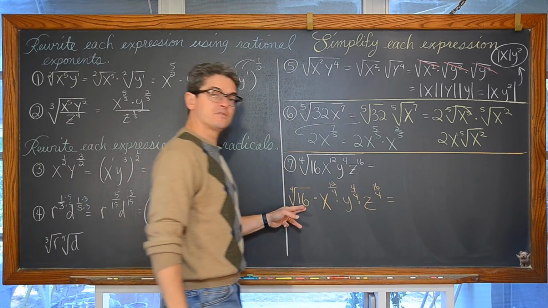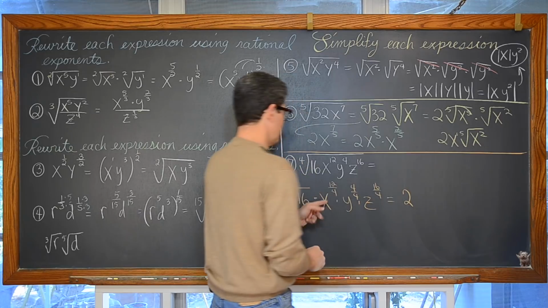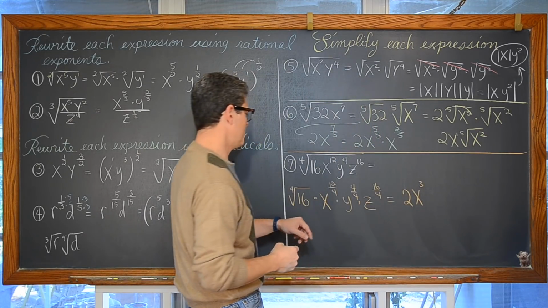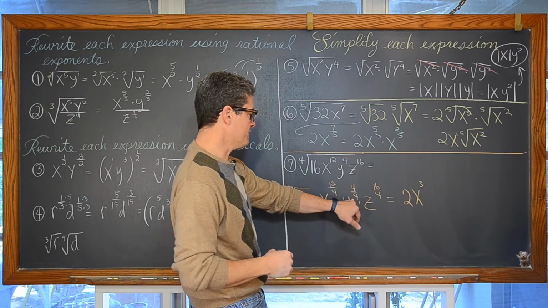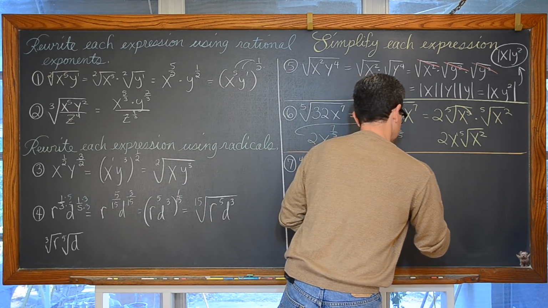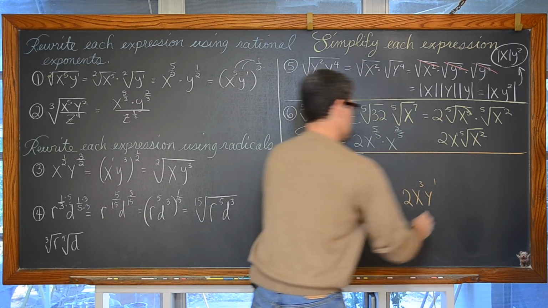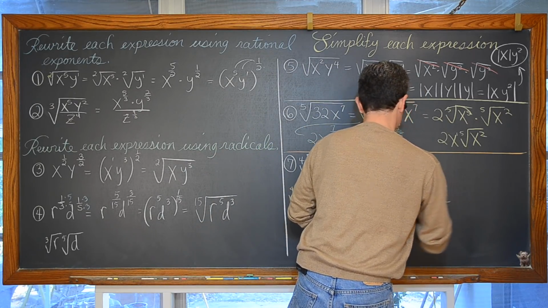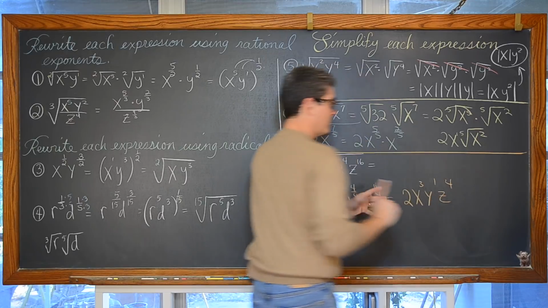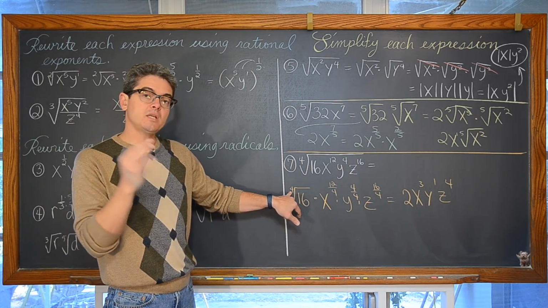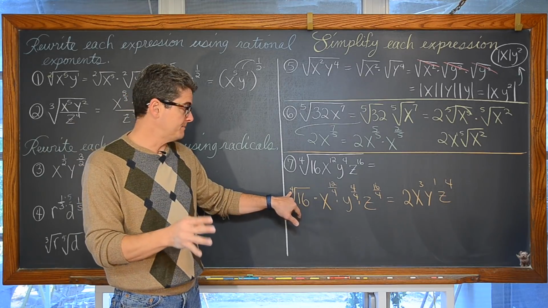And we get the fourth root of 16 is equal to 2. We get 12 divided by 4 is 3. We get 4 divided by 4 is 1. And z to the 16 divided by 4 is equal to 4. Now I've got to be cautious here because my index is even, not odd.